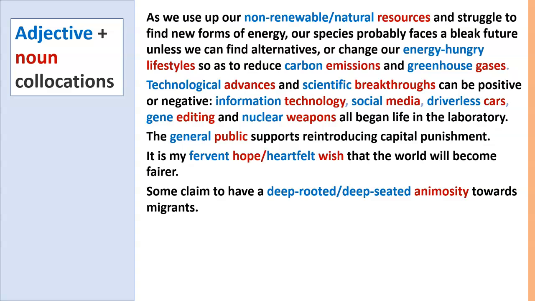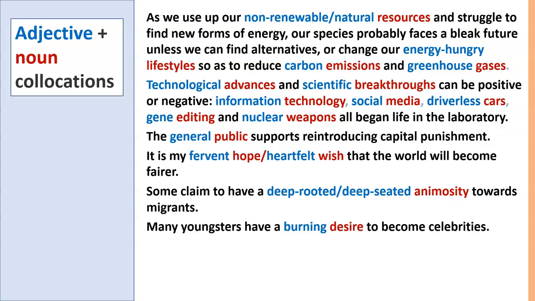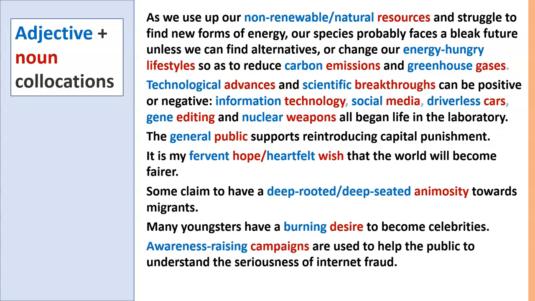And you can have deep-rooted or deep-seated animosity, strong hatred of something, as well as a burning desire, a strong wish to do something. And awareness-raising campaigns. So these are a series of actions aimed at persuading people to do something differently or to understand a situation differently. So I appreciate these are not particularly logically ordered, but they're all very useful.